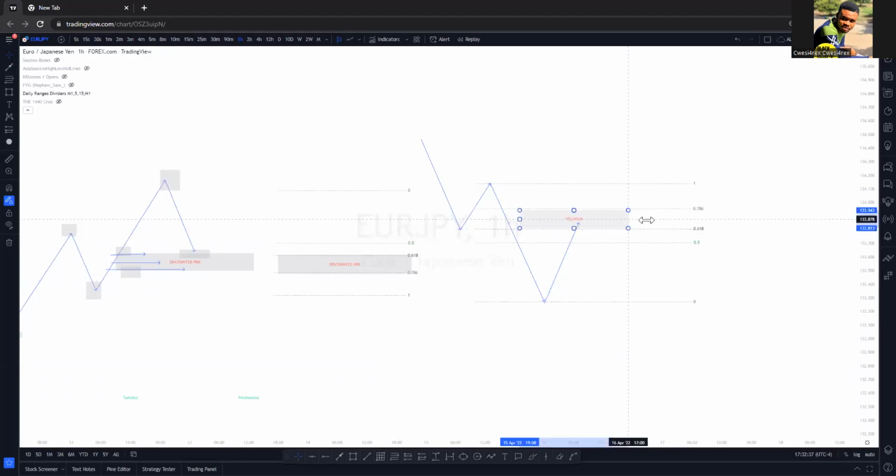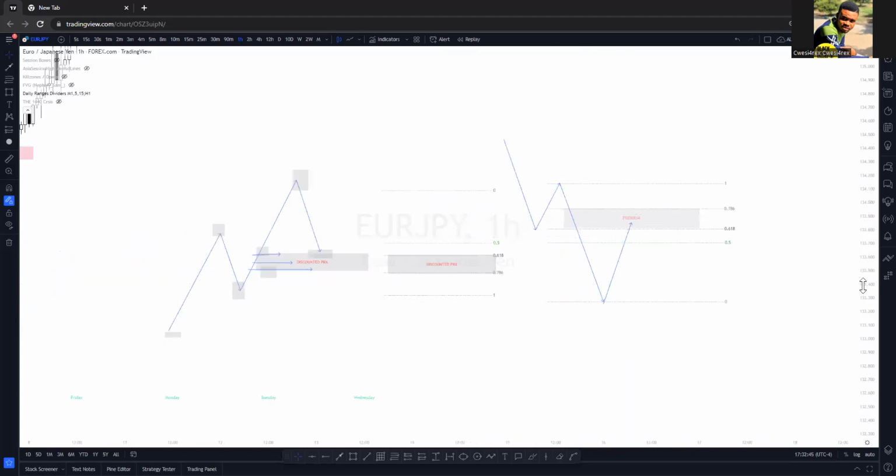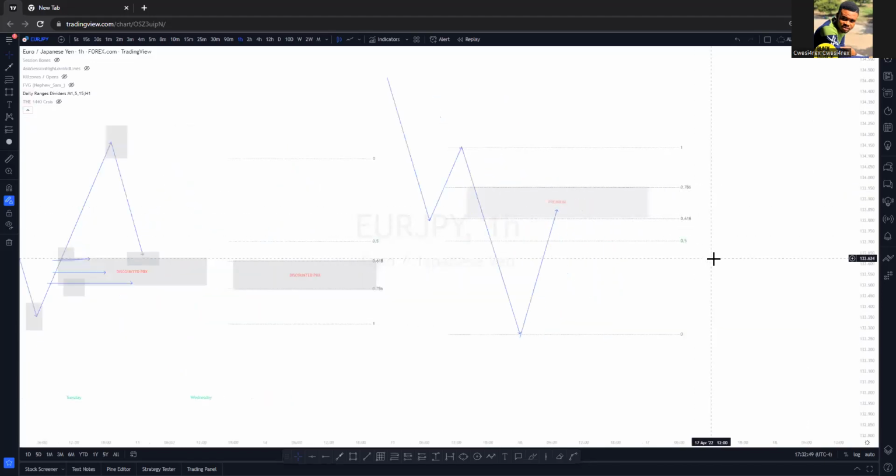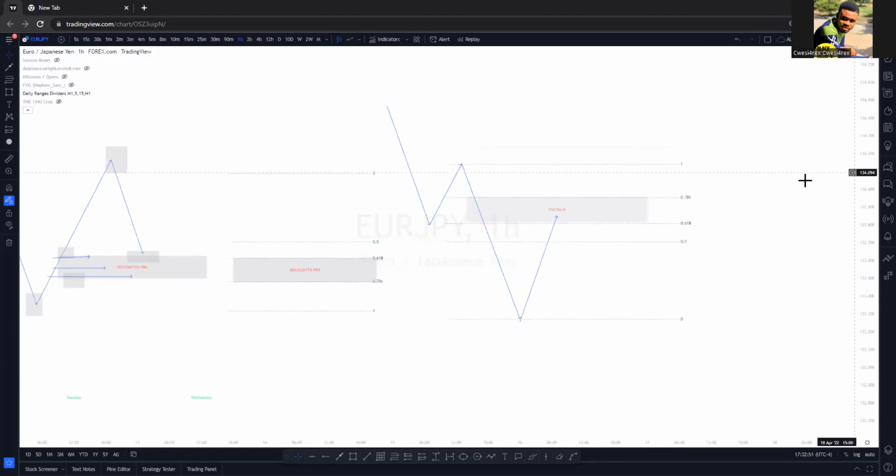Then you are going to look for your point of interest within this premium price, which is between 61.80 and 78. Anything below here you are not interested in, but anything above the equilibrium price is what you are interested in, right?